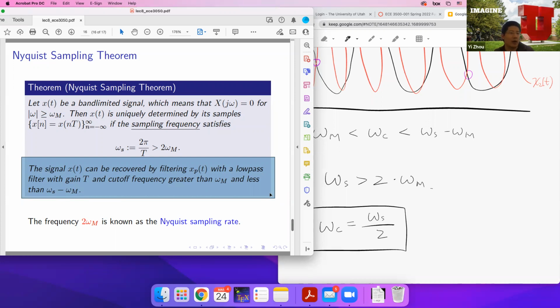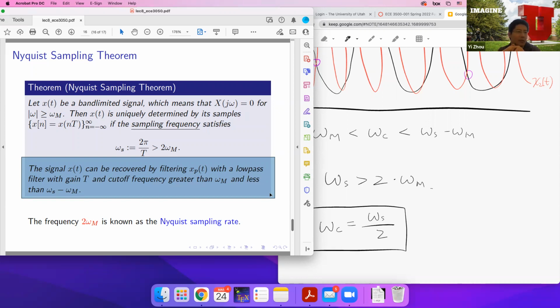So the question is, are there other sampling schemes where you can sample the signal at a much lower frequency than the Nyquist rate, and still be able to recover the signal through other recovery approaches different from low pass filtering?